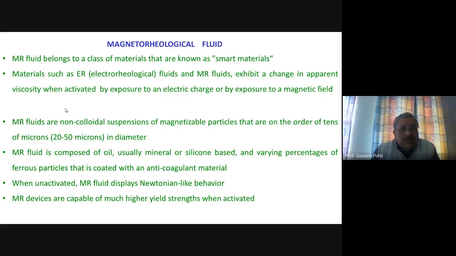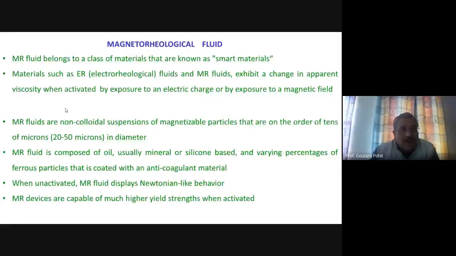MR fluid is composed of oil, usually mineral or silicon based, and a varying percentage of ferrous particles coated with an anticoagulant material. When unactivated, MR fluid displays Newtonian-like behavior. MR devices are capable of much higher yield strength when activated.